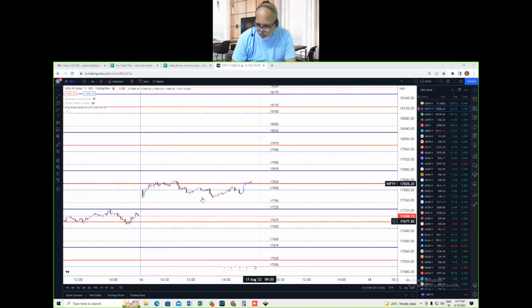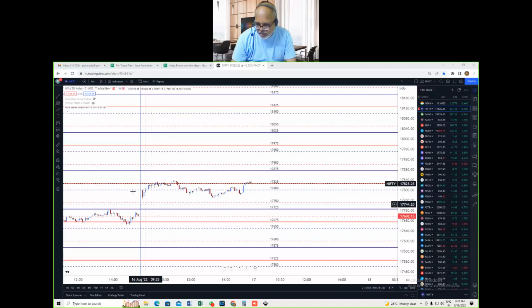So if the market moves from that level to this level, your premium will increase. Instead of taking a future, you can also take options so that you can reduce your investment and increase your profits. The stop loss kept is 50 rupees in the case of Nifty and 50 rupees in the case of Bank Nifty.